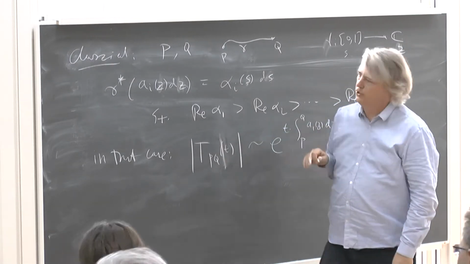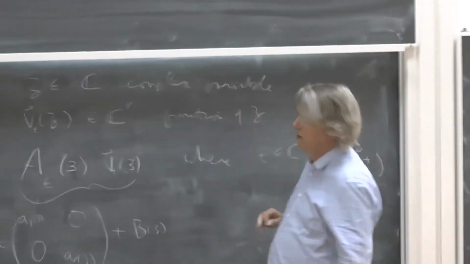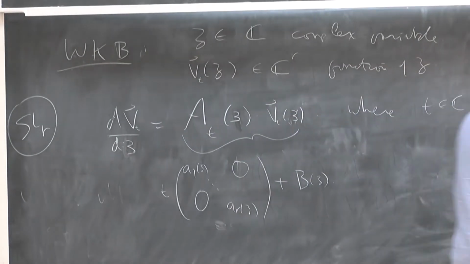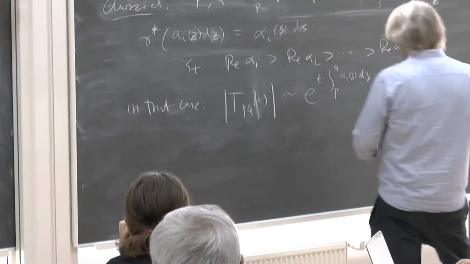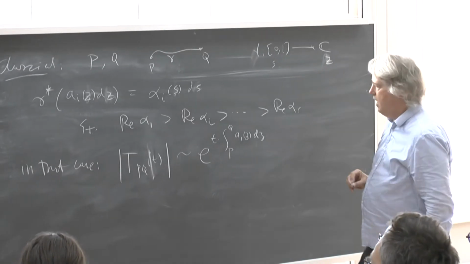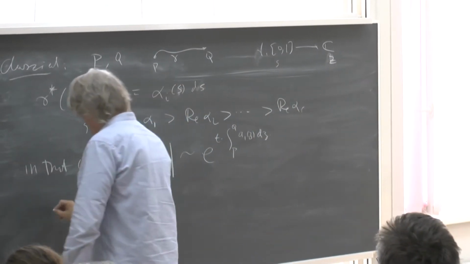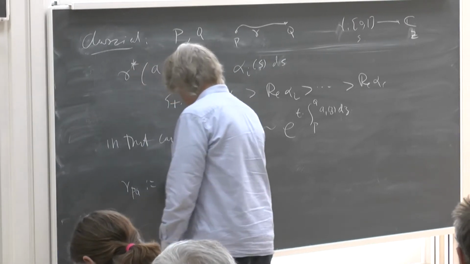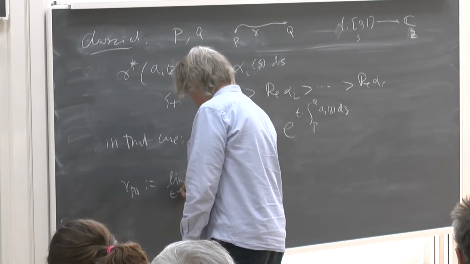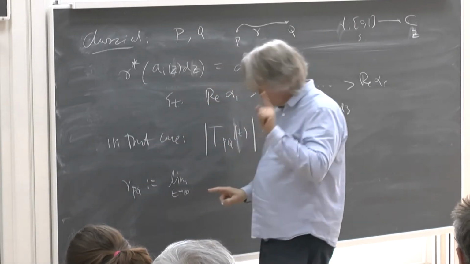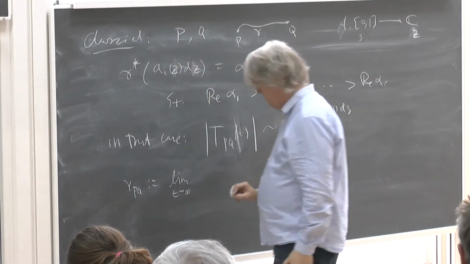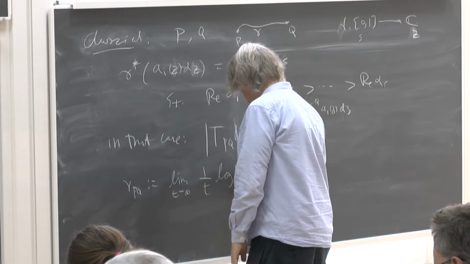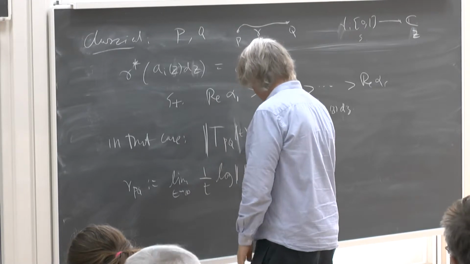This is the transport matrix for the solution of the differential equation, the matrix from z equals P to z equals Q that solves the equation. And more precisely, we can define the exponent. Let's remember that t is going to infinity in the positive real direction.